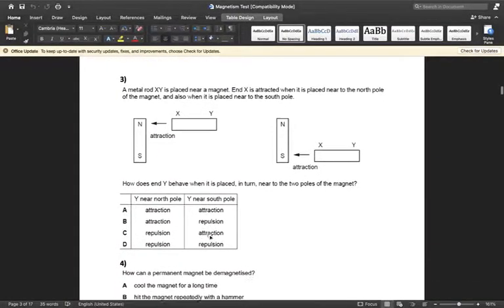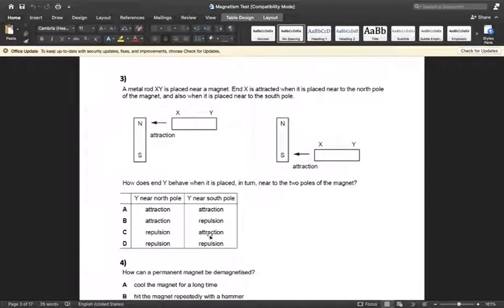Question 3. It says a metal rod XY is placed near a magnet and X is attracted when it is placed near the north pole of the magnet and also when it is placed near the south pole of the magnet. How does end Y behave when it is placed in turn near the two poles of the magnet?